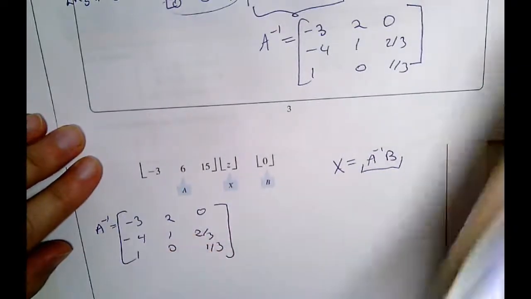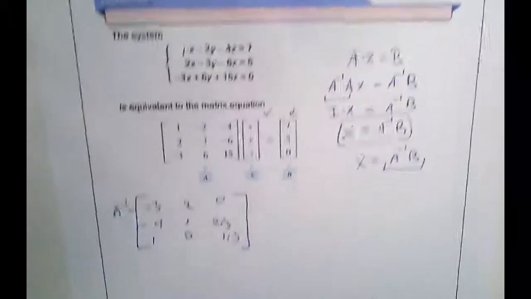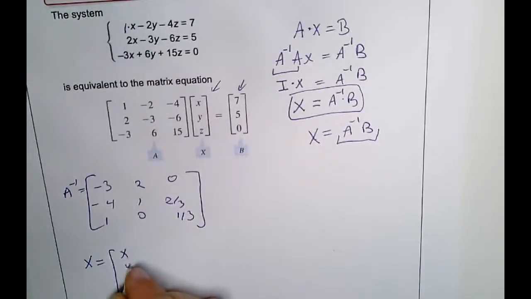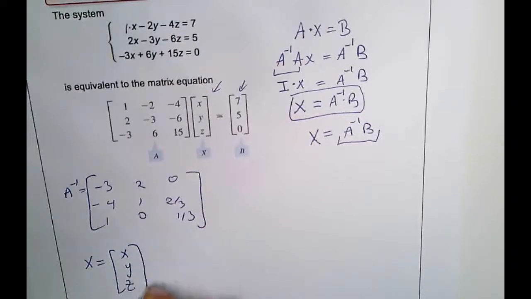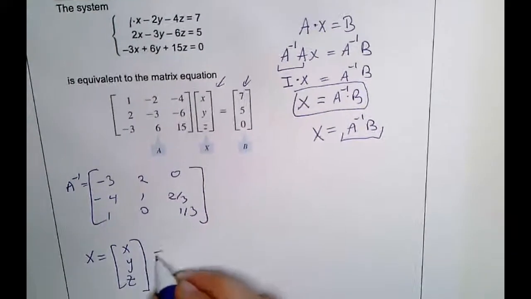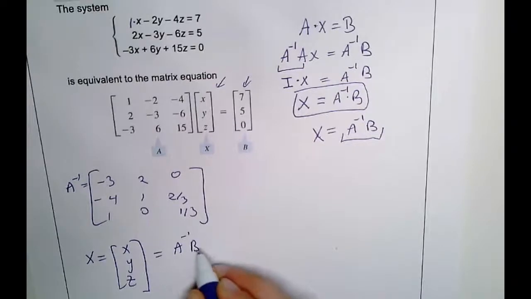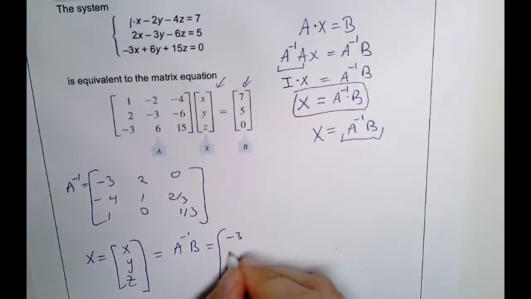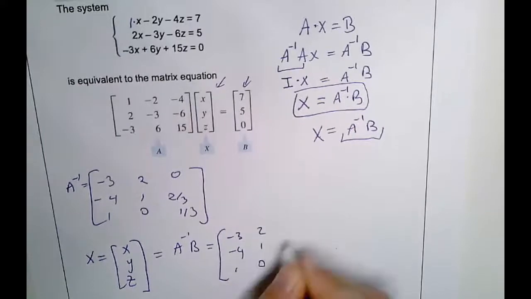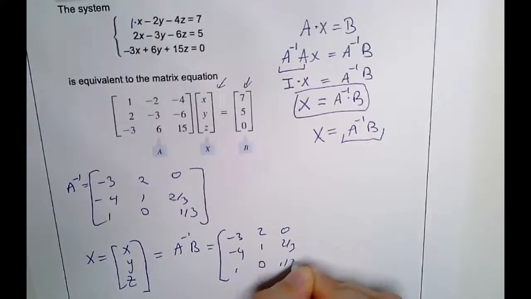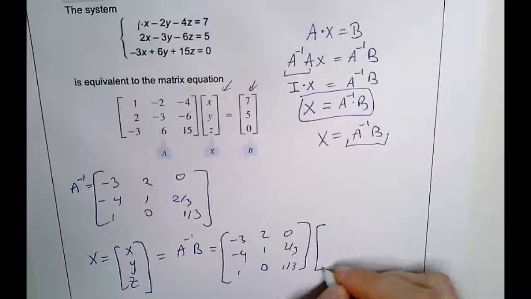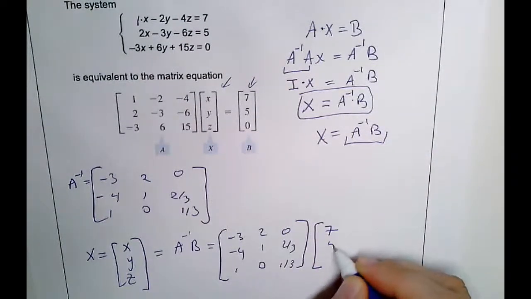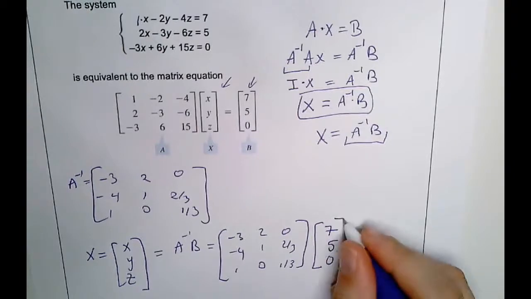So then to solve this system of linear equations, the x vector, which is the x and y and the z, is going to be A inverse times the b. A inverse we found, times the b vector, that's just the constant term, 7, 5, and 0.